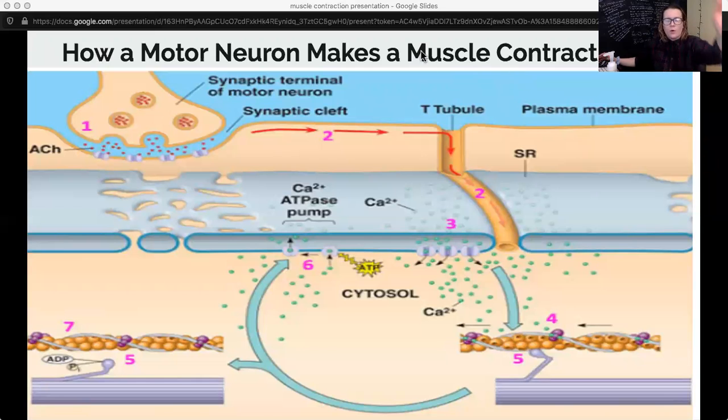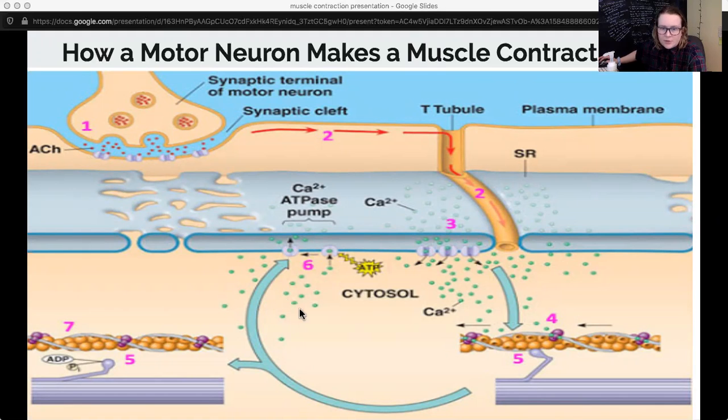To explain how a muscle relaxes, let's go back to this picture. When the action potential that triggered the contraction is over, the calcium ions are pumped back into the sarcoplasmic reticulum by active transport. This uses ATP to move the calcium ions against their concentration gradient.